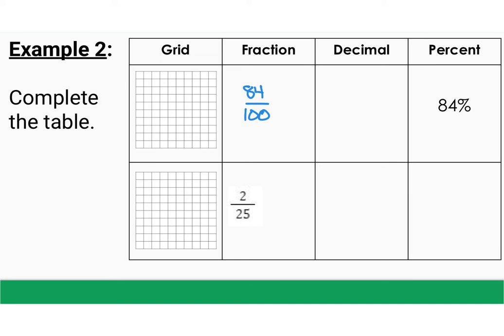And then if I were to reduce it, I could divide by 4, which would give me 21 over 25. 84 divided by 100, add the decimal point and the 0, you get 800, add another 0 and bring it down, so the decimal would be 0.84.